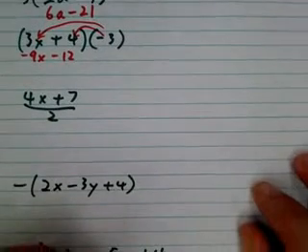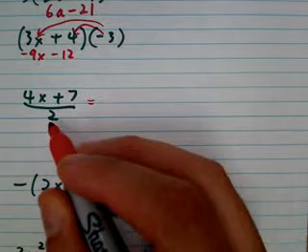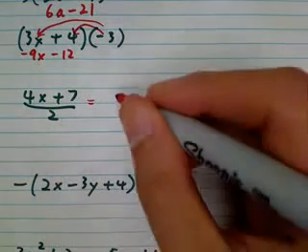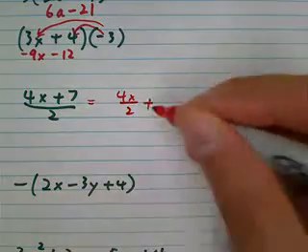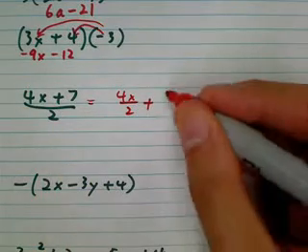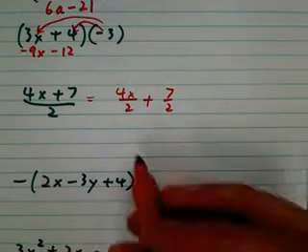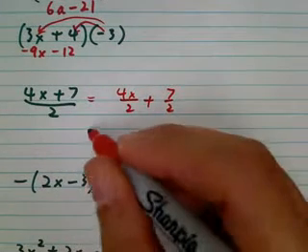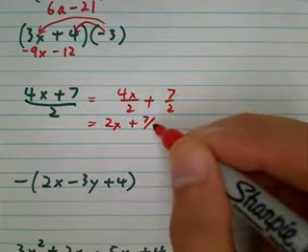Now that's for multiplication. You could do the same thing with division. So this over 2 here, I can distribute to each of the terms. So I can put the 4x over 2 plus, and then I can put the 7 over 2. And if I can simplify any of that, I should. And yeah, the 4x over 2 will simplify, so that'll be 2x plus 7 over 2.